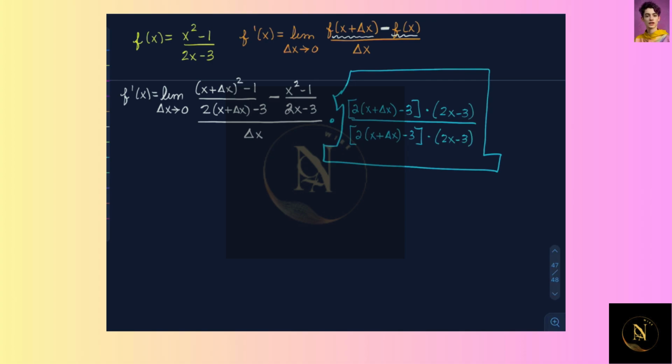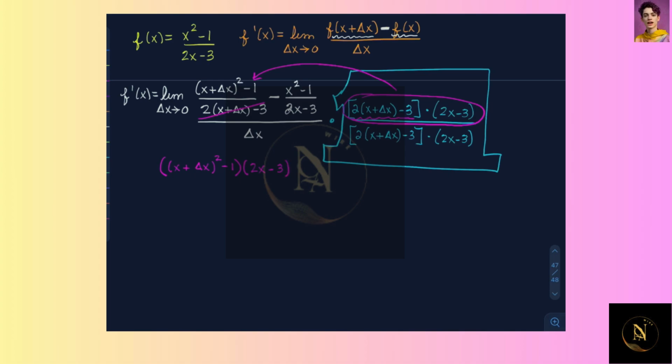When I share that whole thing to this first fraction, this denominator will cancel, and I will be left with x plus delta x quantity squared minus 1 multiplied by the 2x minus 3.